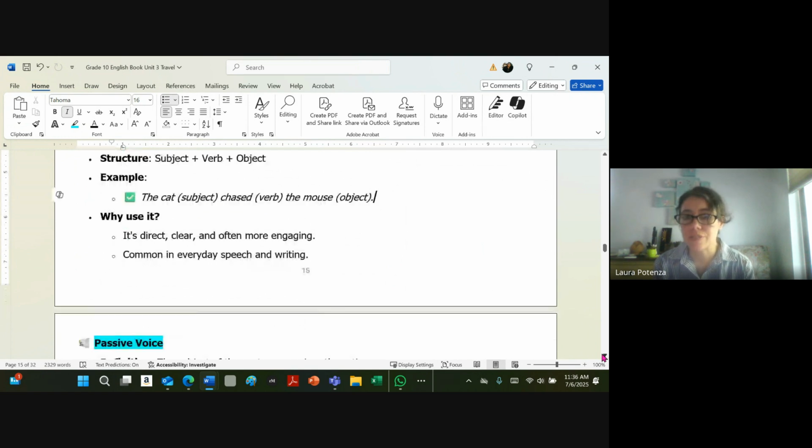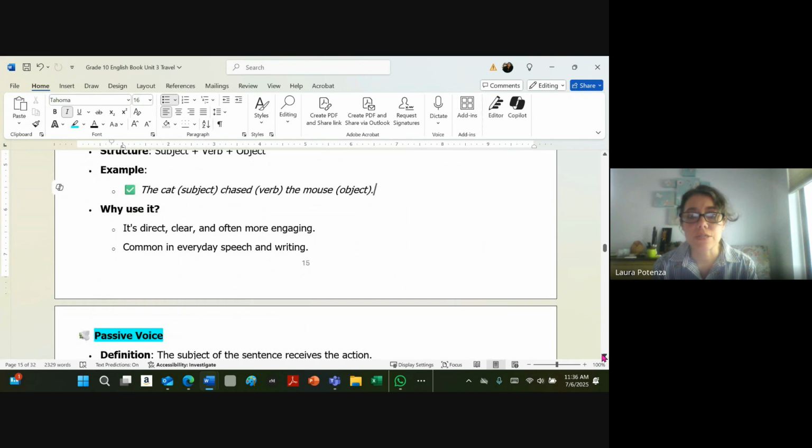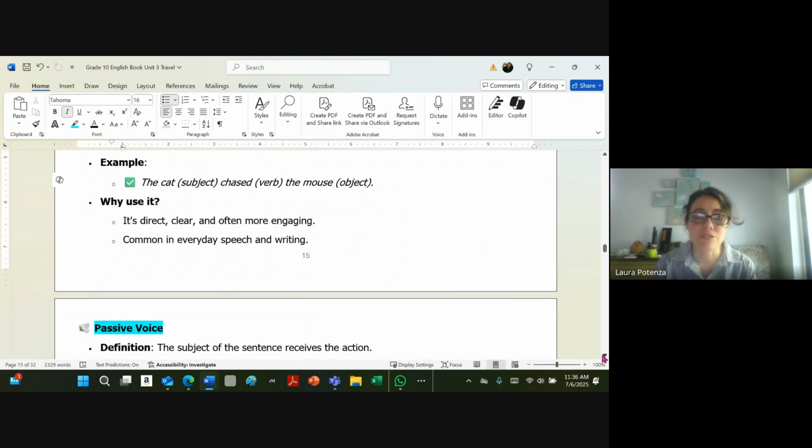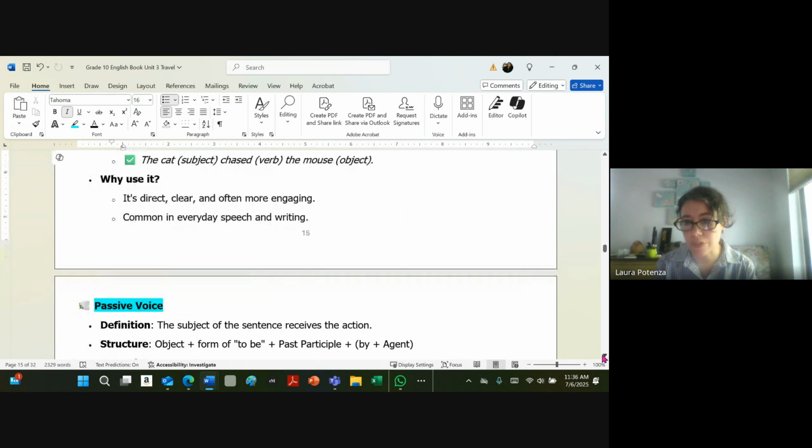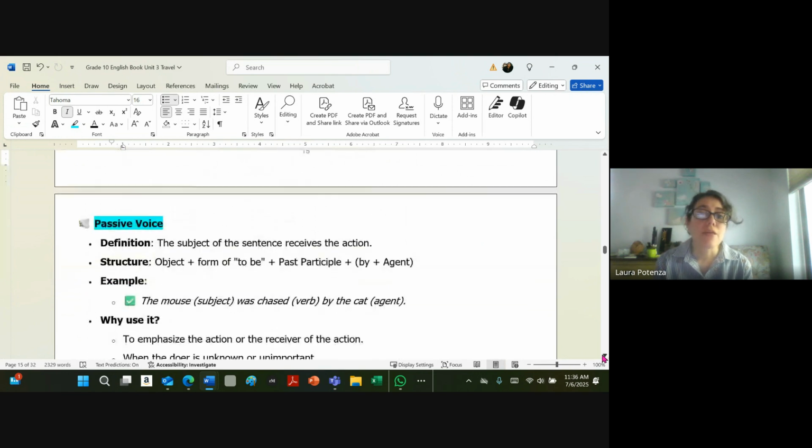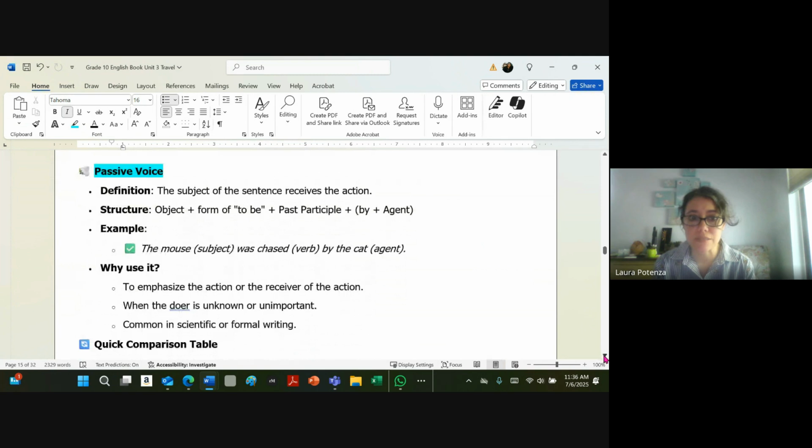So why use it? It's direct, clear, and it's often more engaging. And the active voice is common in everyday speech and writing. Then you have the passive voice, and the definition is the subject of the sentence receives the action. So the structure is set up differently.